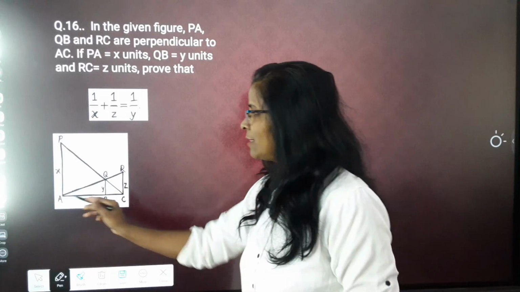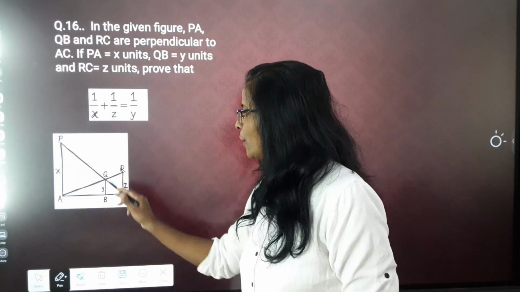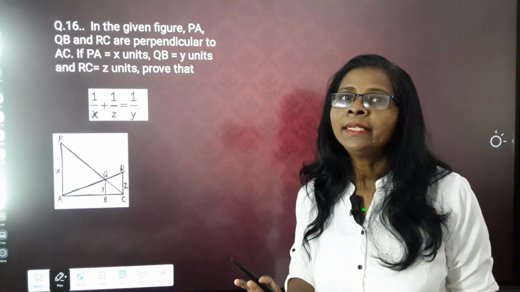Now here AC is the base and PA, QB and RC are perpendicular to it.